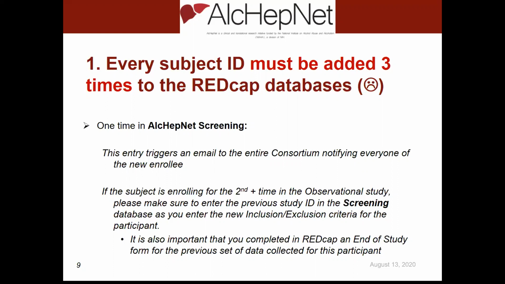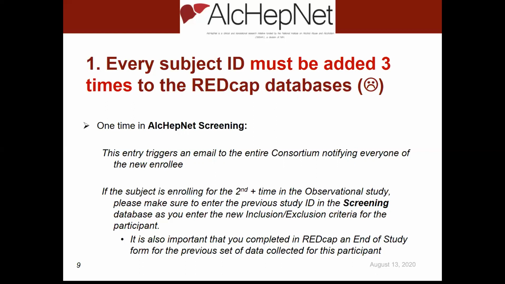If a subject comes back for re-enrollment for the observational study, we created a place in the screening database where you can enter the prior ID. And of course, you will assign a new study ID to the participant, but it's important to also capture the prior ID because for analysis purposes and also for the biorepository, we want to make sure we can link the samples of participants with different IDs, but actually the same participant.